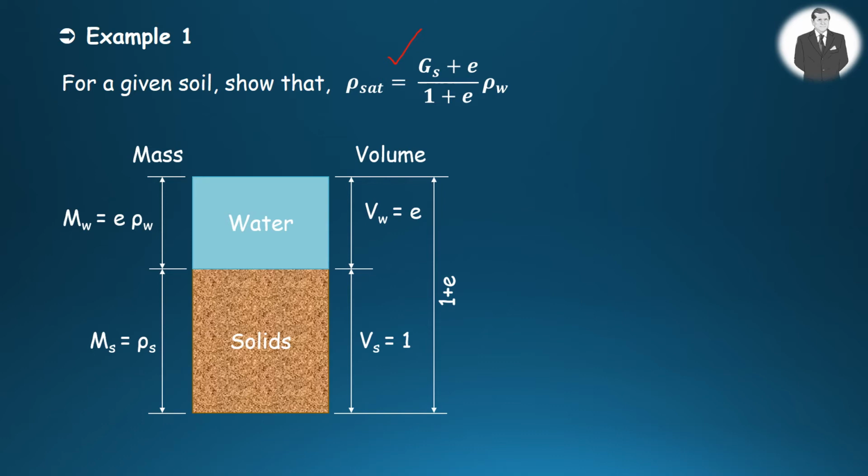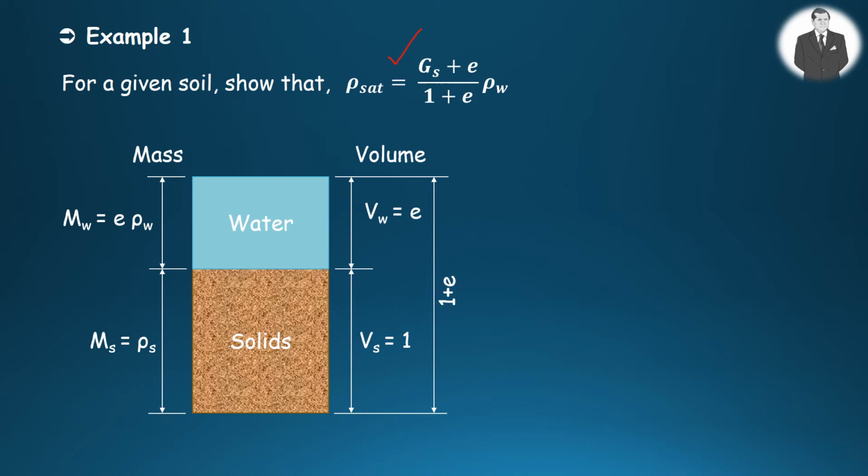It is the ratio between void volume and the volume of solids. Since the volume of solids is unity, the void volume, which is occupied with water, is equal to the void ratio. So the total volume is equal to 1 plus e, which is also known as specific volume.